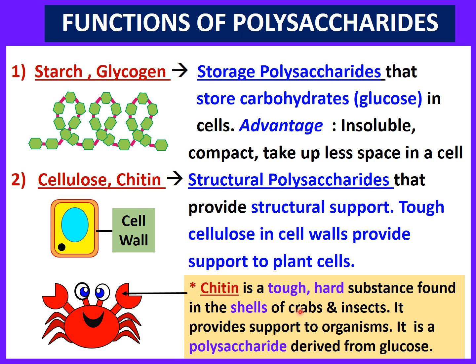Okay, so you just remember chitin is found in the shells of certain animals like crabs and insects. And it gives support to these organisms because the shell gives support to the organisms, and also it protects the crabs and insects from injury. So it is a structural polysaccharide because it gives support to the organisms.